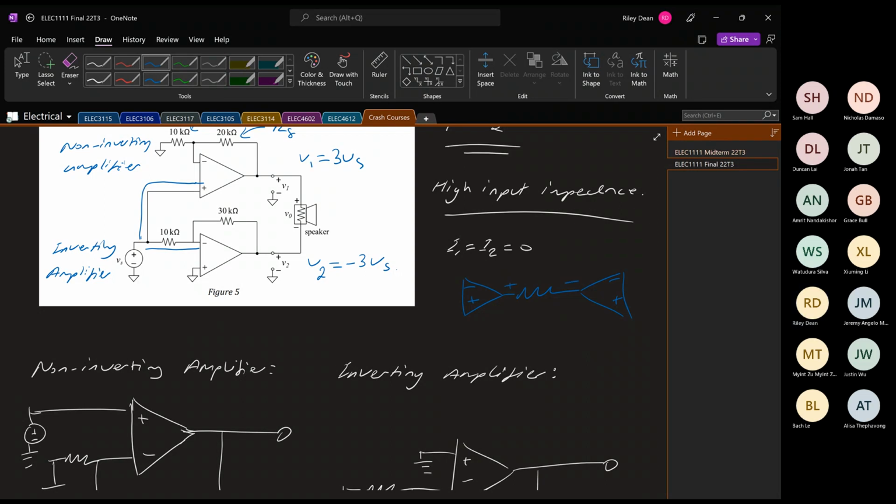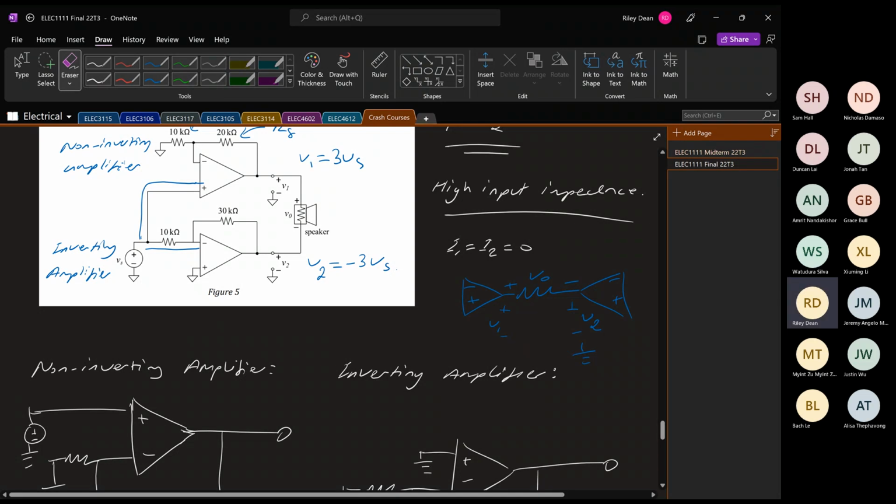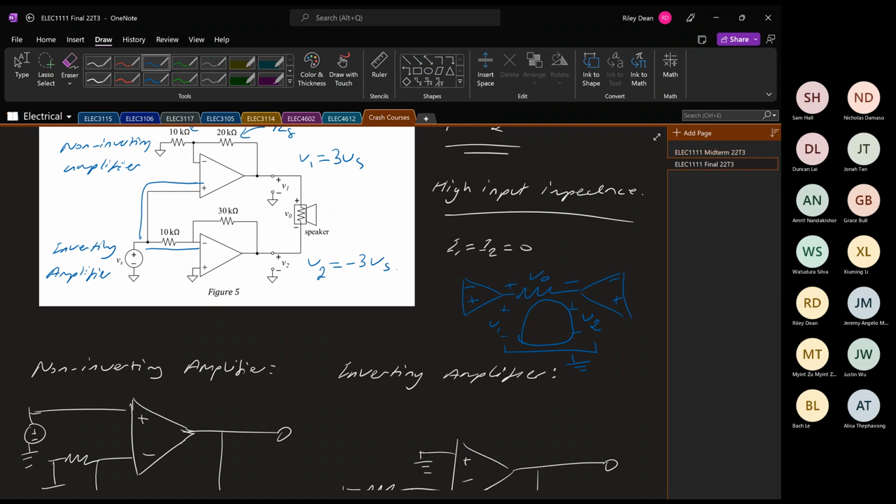So V0, that would be V1 and that would be V2. This would be V0. So then we get our mesh looking like this, because these grounds are actually going to be connected together and grounded like so. So then we can just say that our mesh looks like that.